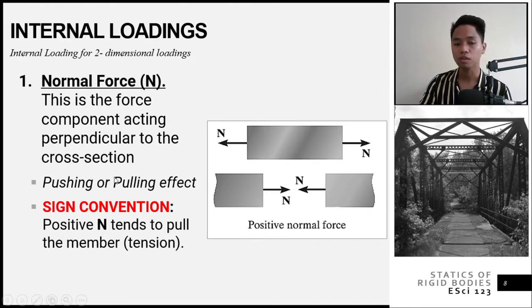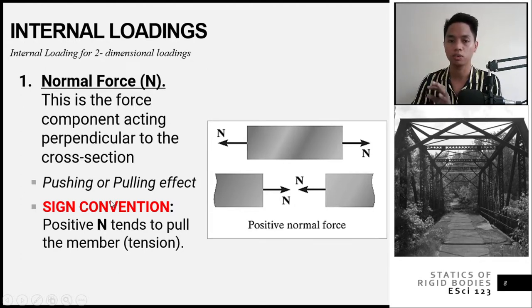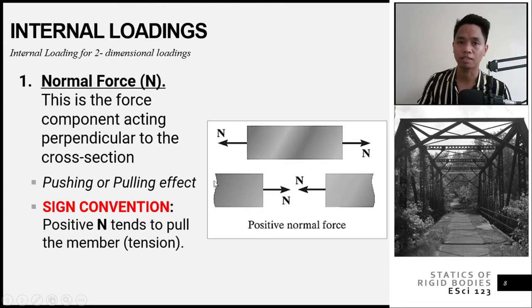Always remember the sign convention. In this module, we have this sign convention to make it easier, and you will use it until you graduate, because this is the usual sign convention used in practice. For sign convention, the normal force is positive if it tends to pull the member. So if your normal force is tension, that is a positive normal force.